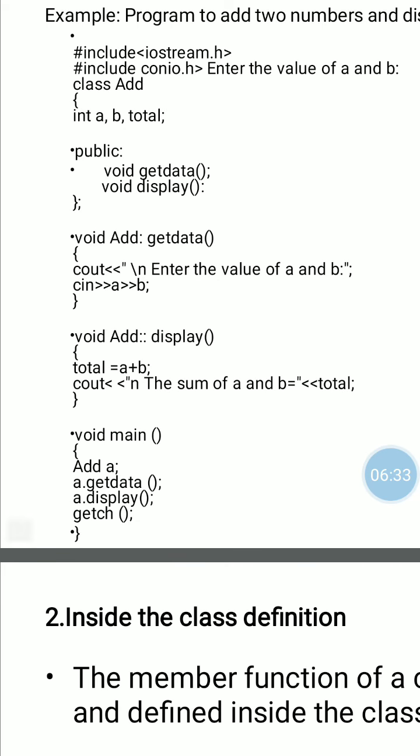After that, in the main function, we create the object of the class. To create the object of the class we need the class name and object name or variable name, and then we run the functions, that is the getdata function and display function, using the object and the dot operator.